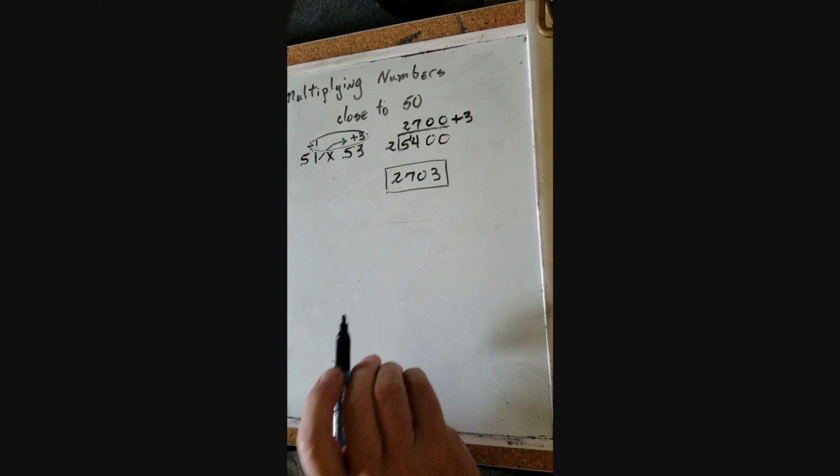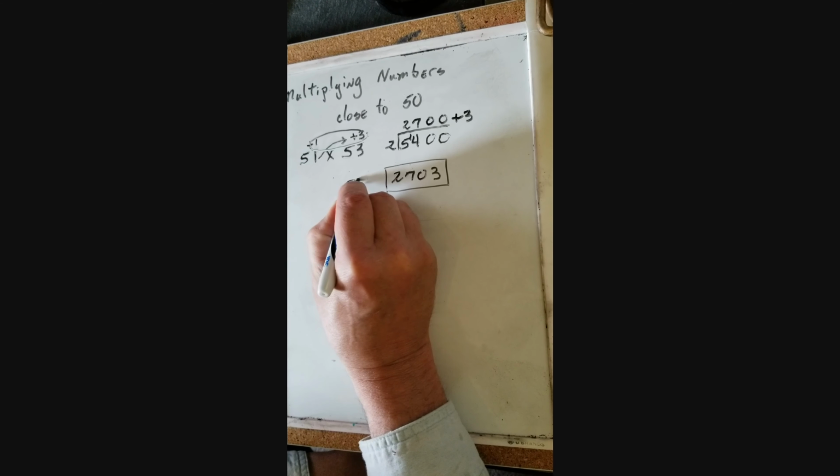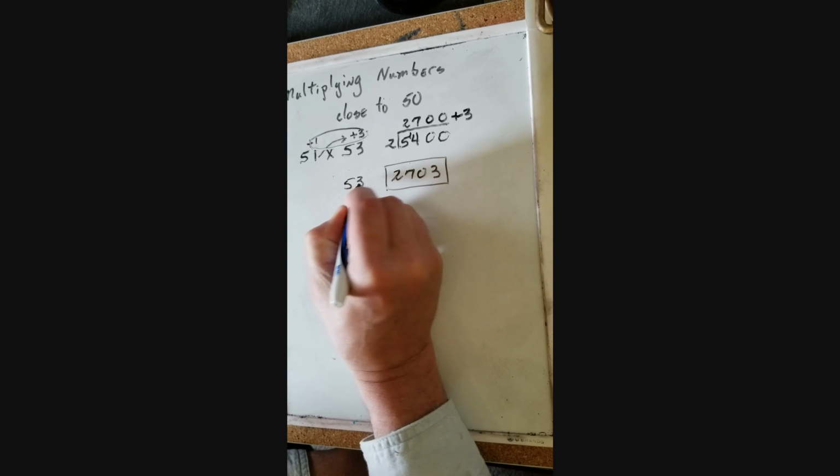Now I can show you that this is the answer. Let's do it this way. Let's do 53, we'll do it traditionally, times 51. 1 times 3 is 3. 1 times 5 is 5. 5 times 3 is 15.